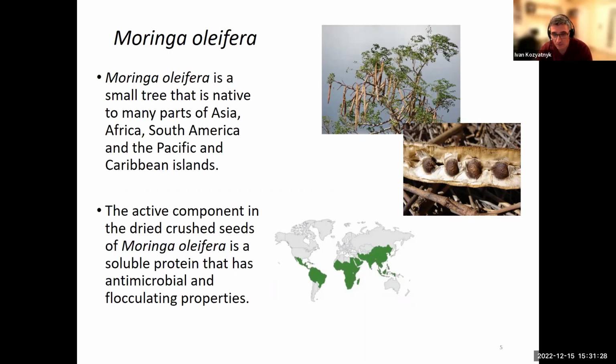But we are focused on seeds, and the active protein component in the dried crushed seeds of Moringa oleifera is a soluble protein that has antimicrobial and flocculating properties. It's possible to use it as a flocculant or coagulant. However, some Moringa seed proteins may remain in water after treatment, and these affect smell, color, and taste, and the microbiological stability of water, making it undesirable.